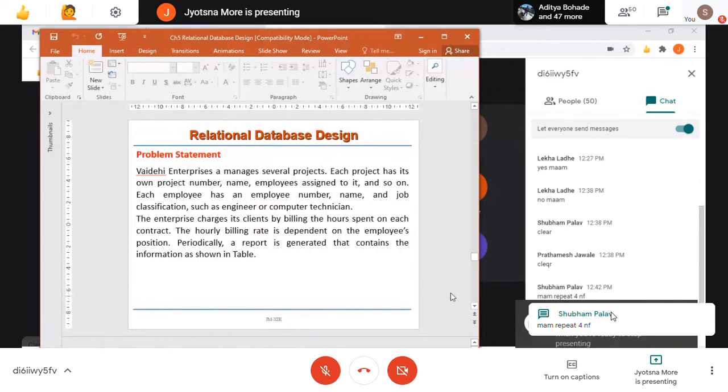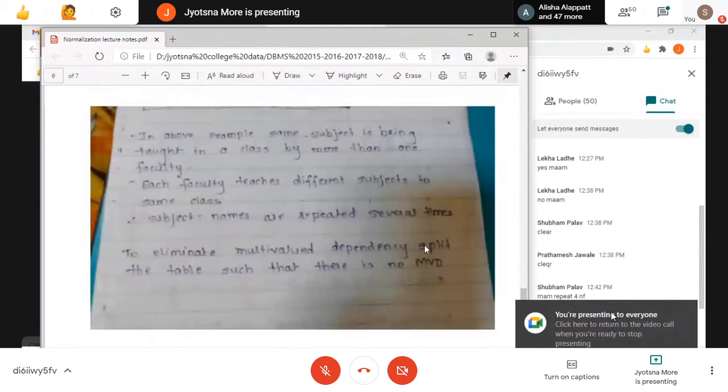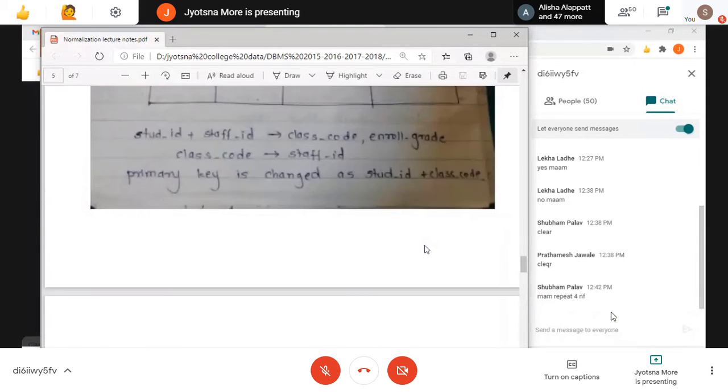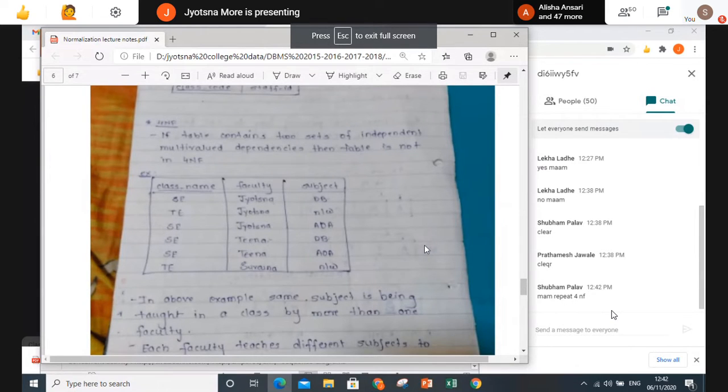Yeah, 4NF is nothing but when we are having two sets or more than two sets of independent multi-value dependency. So here when I am going for this combination, I am getting SE with the faculty name somewhere repeated, or T with faculty name somewhere repeated, right?